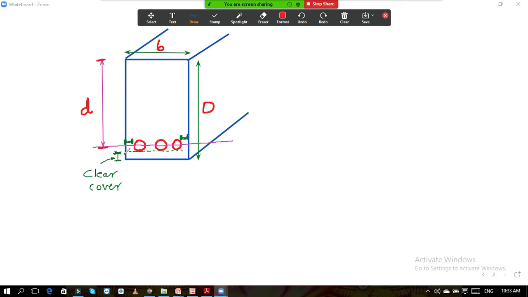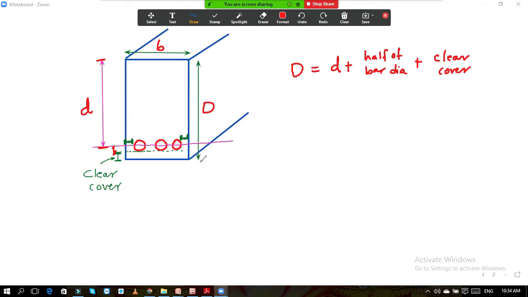This is your clear cover, and this distance is half of the bar diameter. So I can write that this total distance, capital D, is small d plus half of bar diameter plus clear cover.